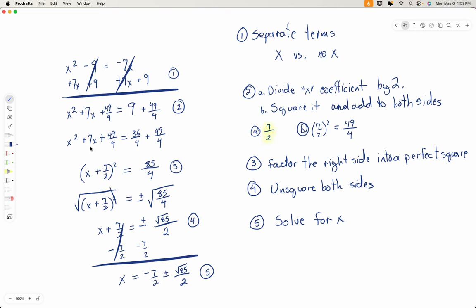That's just how a perfect square works. So we're just going in the reverse to find out what that number is so that we can factor it. We just have to add it to both sides to make sure the equation stays balanced. So understanding why we're doing what we're doing will help you to understand how to do what we're doing.